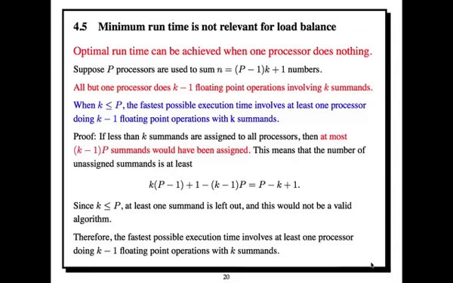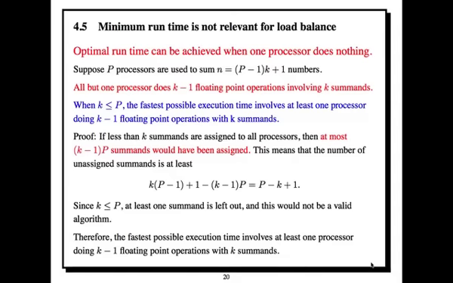So p minus 1 processors have k pieces of data and they do k minus 1 additions, and then there's one more piece of data. The last processor only has one piece of data, no summation to do, and I claim that can be optimal.